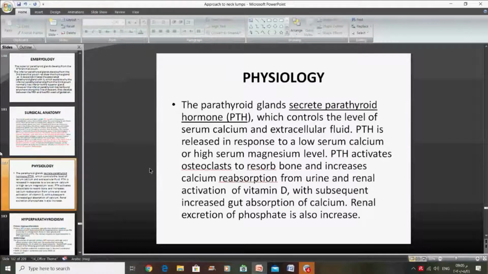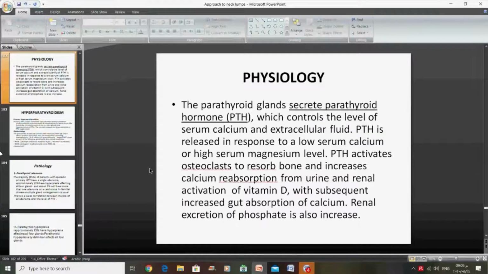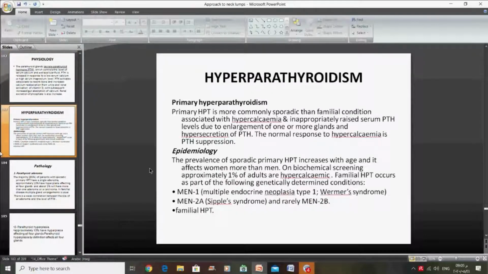Renal excretion of phosphate is also increased. So its function is on the bone, the kidney, and the urine, either directly or through vitamin D, 1,25 cholecalciferol.